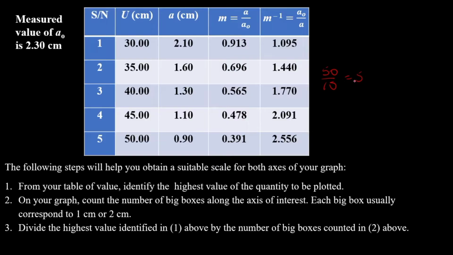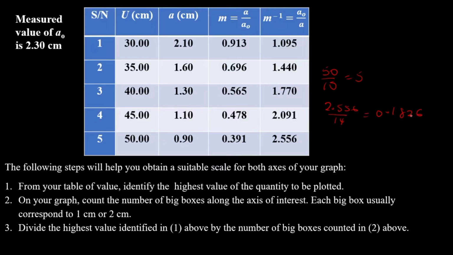The highest value there is 2.556, and on the graph which we shall use, there are 14 big boxes along the vertical axis. If we divide 2.556 by 14, this will give us 0.1826 approximately, right?